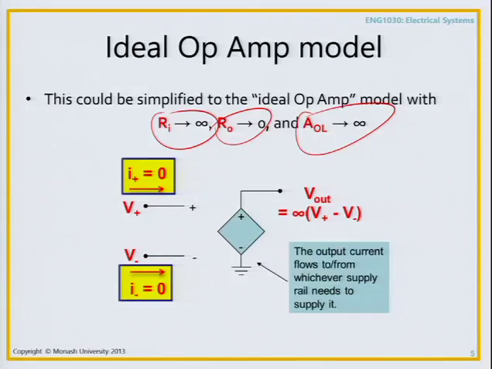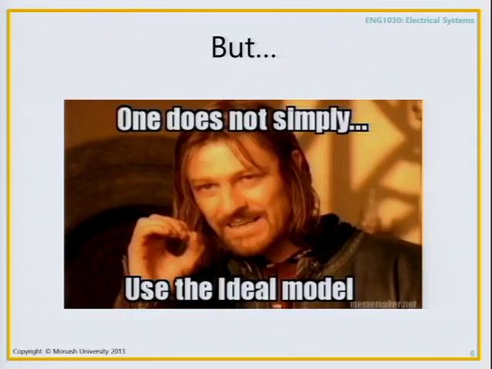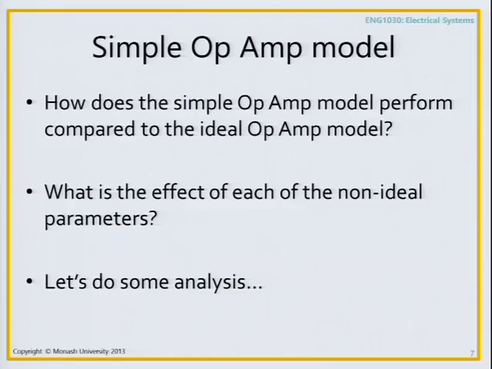Okay, all well and good. But, as Boromir always says, one does not simply use the ideal model for everything. We have to use the simple model to take into account some other considerations when designing circuits that use op-amps. Okay, so how can we compare? Let's do some analysis of the non-ideal op-amp with something really simple.